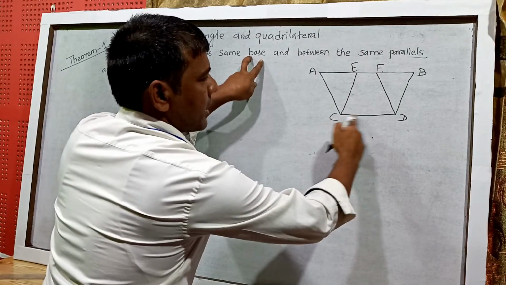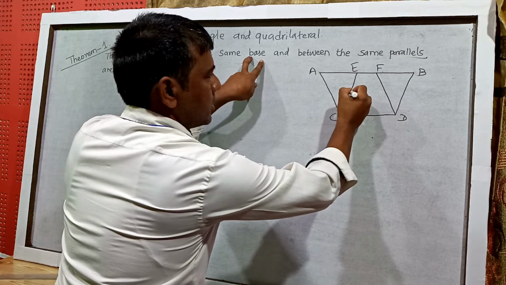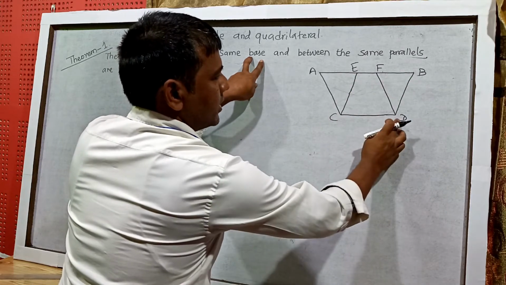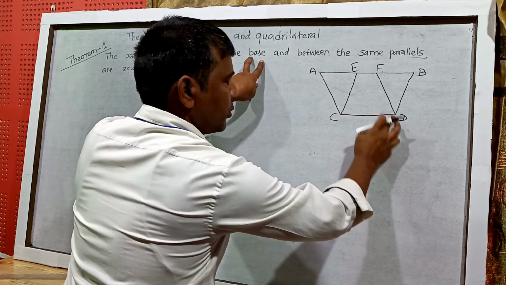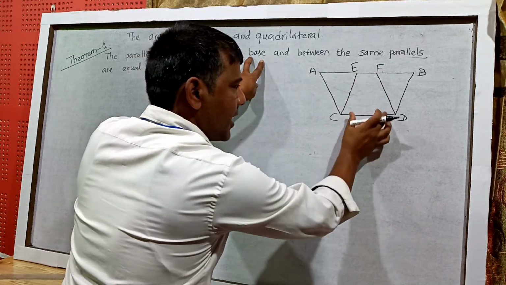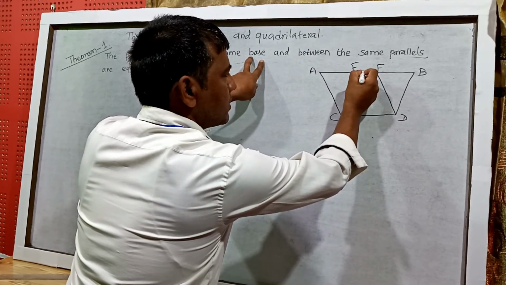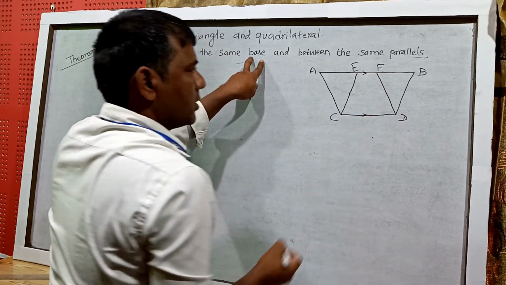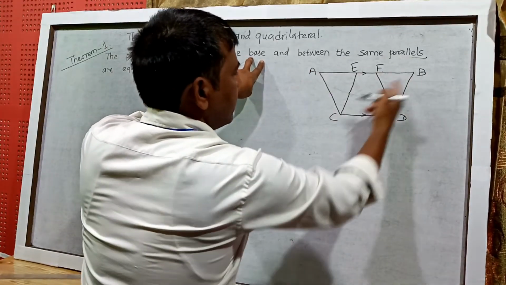The base of this parallelogram is CD. The base of this parallelogram is CD. Their base is the same. Both parallelograms are standing on the same base CD, and between the same parallel lines. They are formed between the same parallel lines AB and CD.